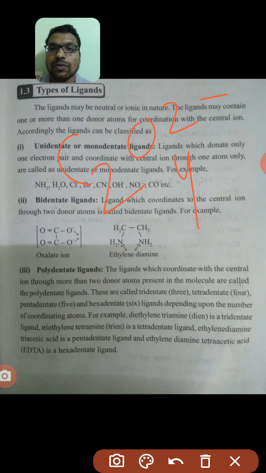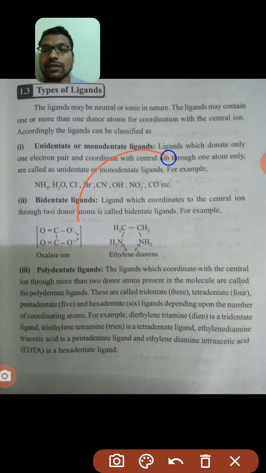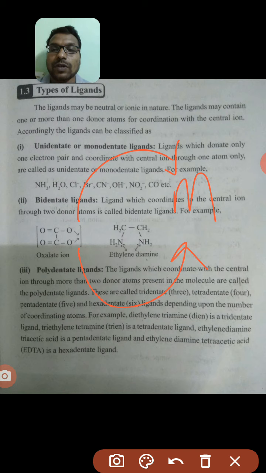Totally 2 carbons, 4 oxygens, but the charge is 2 minus. You can see the structure of this oxalate ion. Here you can see O minus, O minus. So totally two donor atoms to the central metal ion. That's why it is called a bidentate ligand. But it has a negative charge, that's why it is called a bidentate negative ligand.